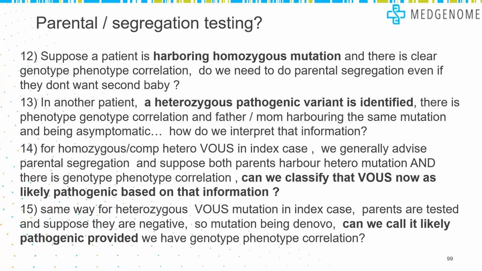If there is good enough evidence, then just because the variant is de novo, we can classify it as likely pathogenic. But if there are variable phenotypes and we don't have good evidence and it is a missense variant, like for the DMD gene, which is X-linked, but still, I'm just giving an example.